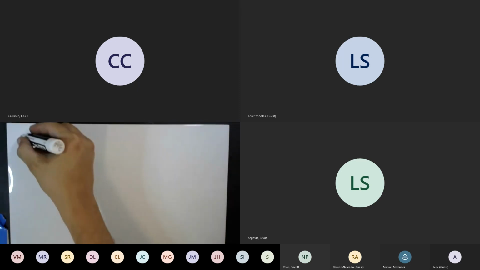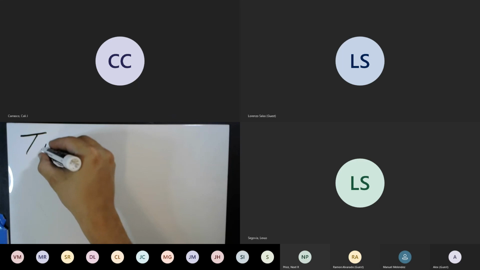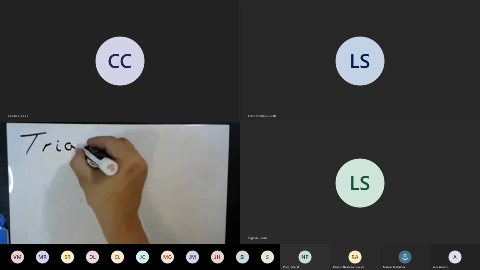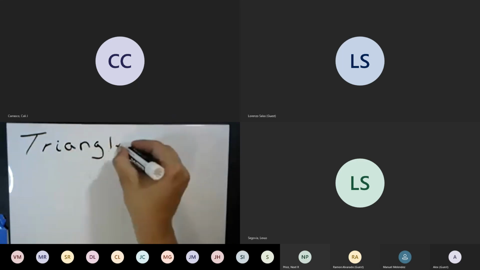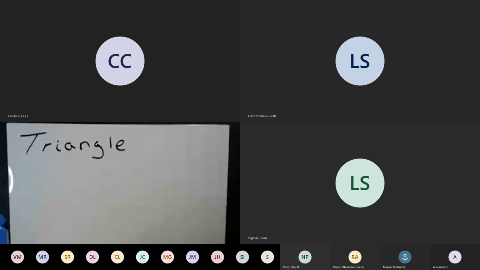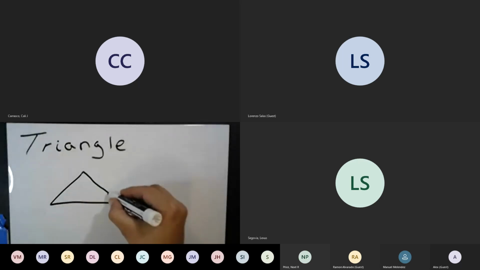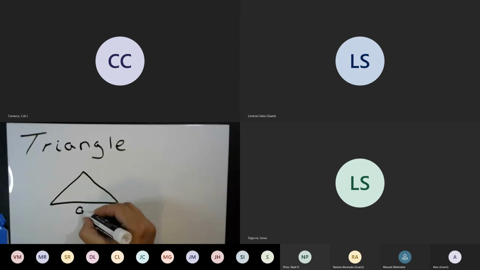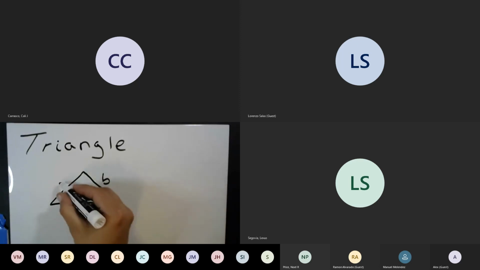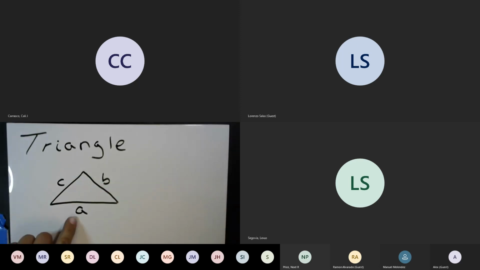Now, the other shape that we use formulas for is the triangle. And the triangle, for computing the perimeter, if this is side A and this is B, C, this is a length, this is a length, and that's a length.